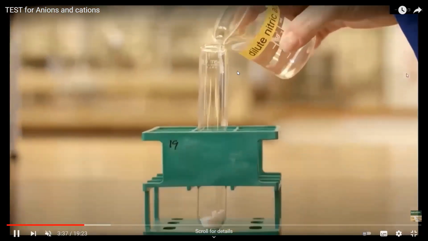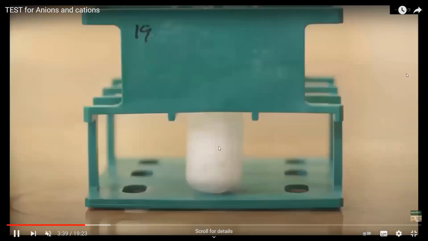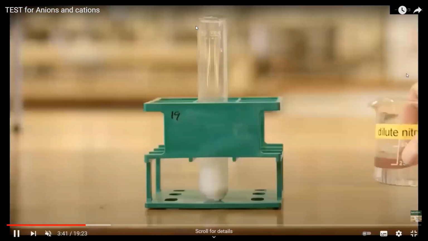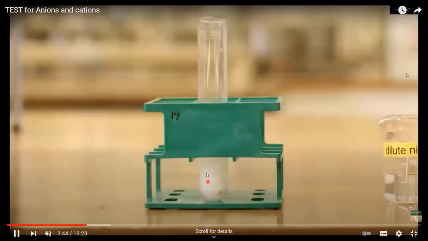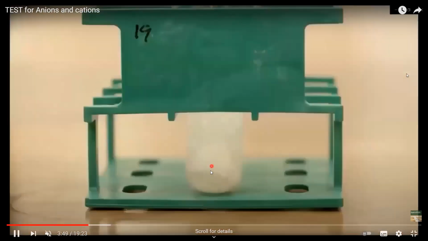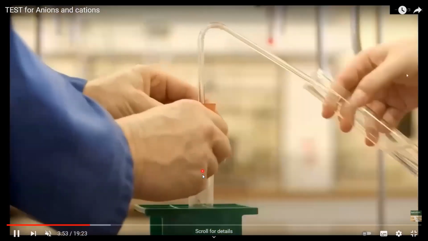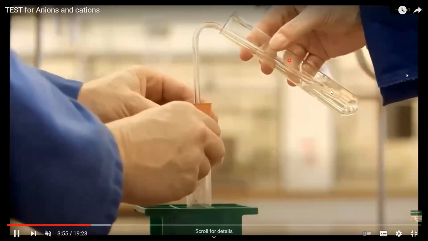Any acid works. When you add acid, you can clearly see bubbles, and these bubbles are due to carbon dioxide gas. Carbon dioxide gas is released whenever carbonates are reacted with acid. And this carbon dioxide gas we are passing through lime water.